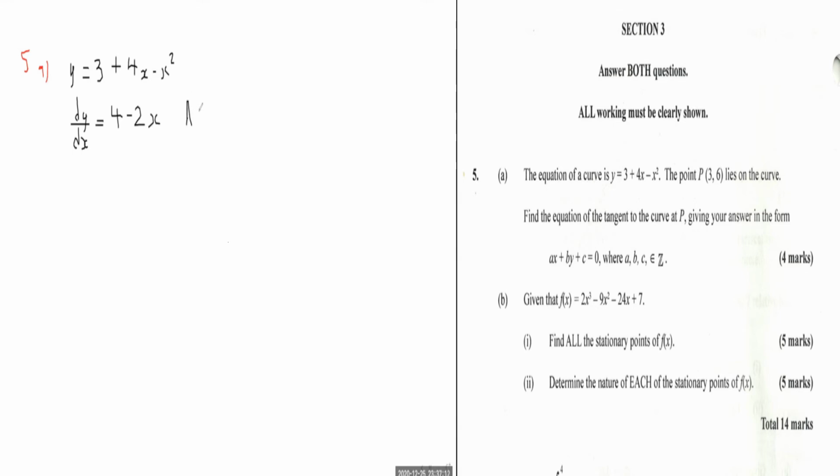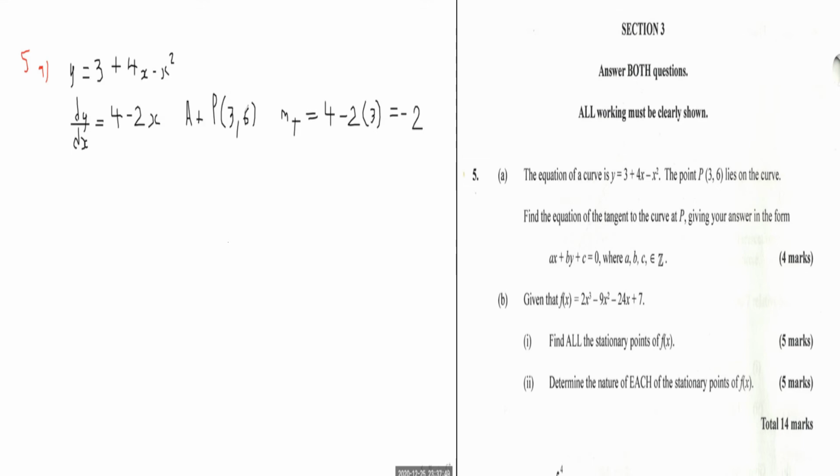At the point P, which is the point (3, 6), the gradient of the tangent is going to be equal to, we plug in 3 here, 4 minus 2 times 3, which is 4 minus 6, which is negative 2. That's the gradient of the tangent.